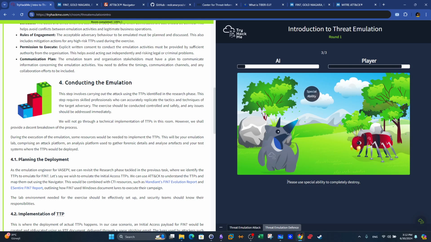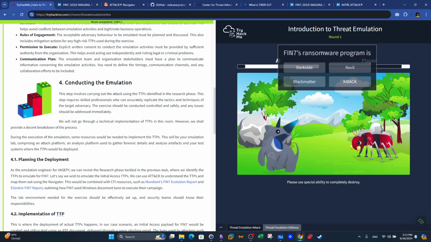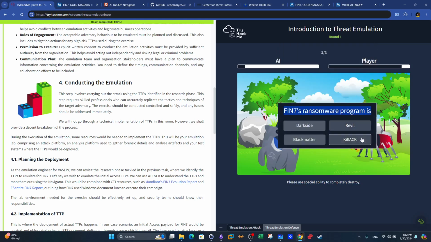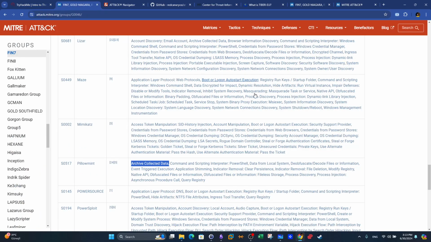And lastly, please use special ability to completely destroy. So you're going to click on the bubbling, moving ball here. Click on this. Okay, Finn's ransomware program is, select one of them. Probably it's in the description here.